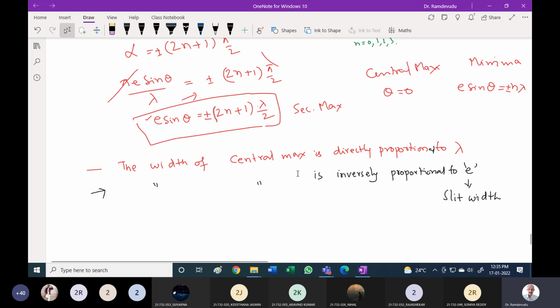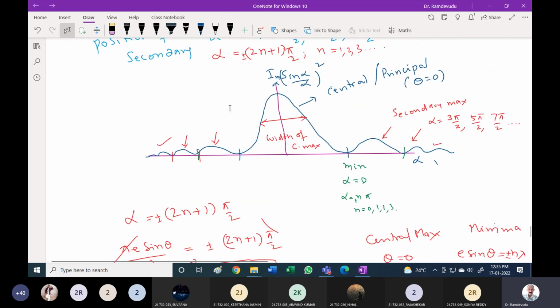Therefore, if the slit is narrower and narrower, then the central maximum becomes broader and broader.